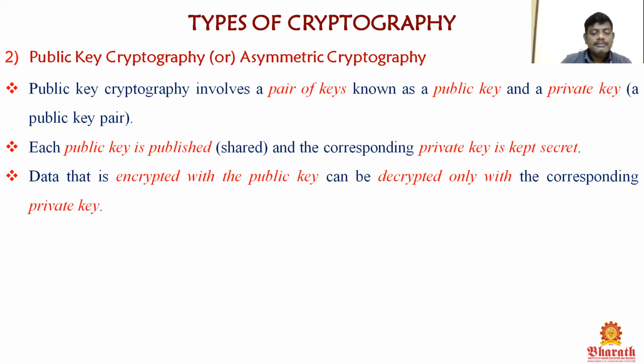The public key is published, shared with anyone, all. For example, if 1,000 nodes are involved in the network, all 1,000 nodes know the public key. Whoever is involved in the network can read that particular public key.